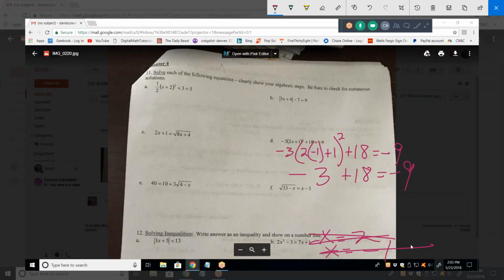You don't see many of these problems. No. I feel like I made a mistake. Let me just do this math in my head really quick.